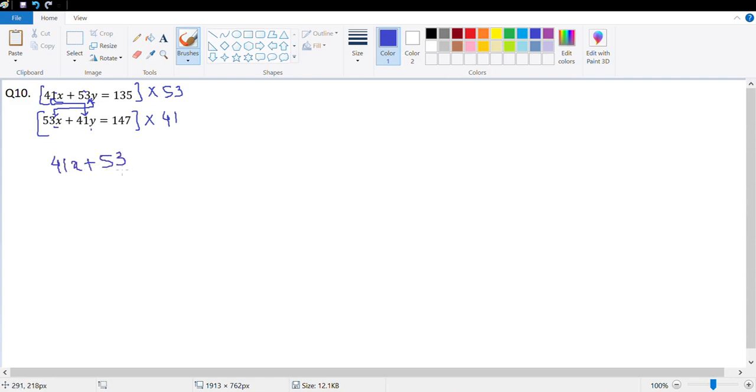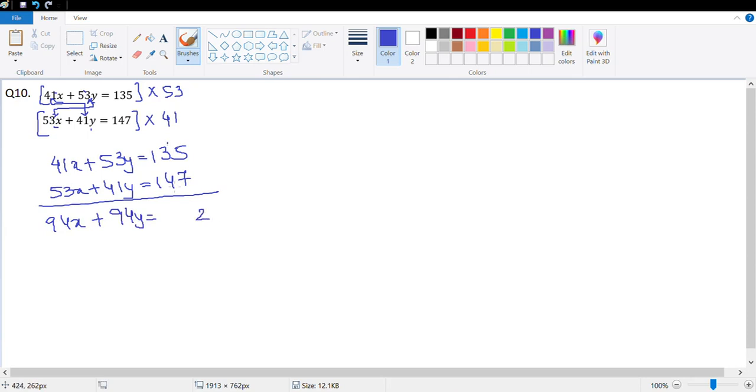41x plus 53y is equal to 135. 53x plus 41y is equal to 147. Let's add these two equations. So 41 plus 53, that's 94x plus 94y is equal to 7 plus 5, 12, that's 8, that's 2. 94x plus 94y is equal to 282.